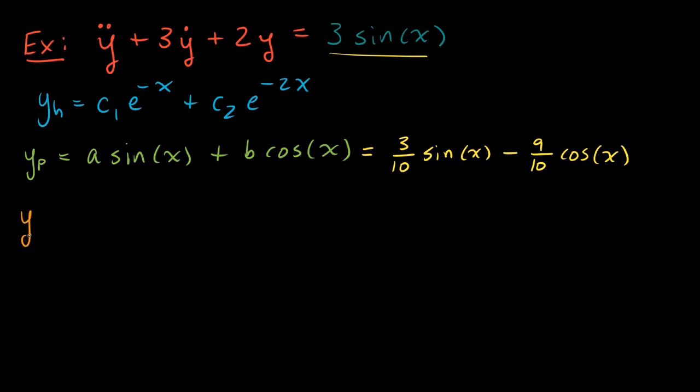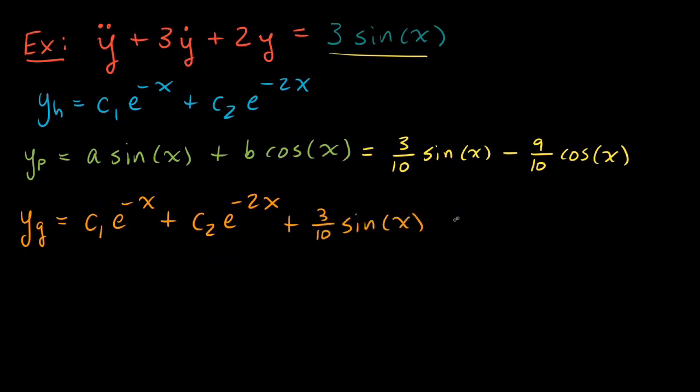Okay, so our general solution then is C1 e to the minus x plus C2 e to the minus 2x plus 3 over 10 times the sine of x minus 9 over 10 times the cosine of x.